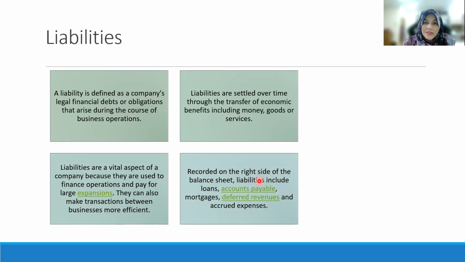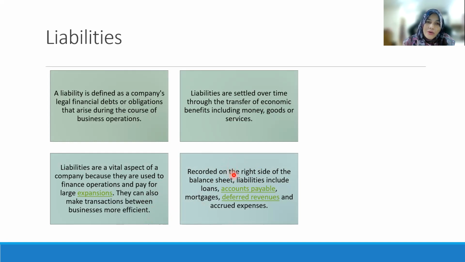Usually in the balance sheet, or the statement of financial position, liabilities are recorded on the right side, which is in the contra section to assets, to reflect how the assets are being financed. So liabilities are actually how we finance the purchase of assets.